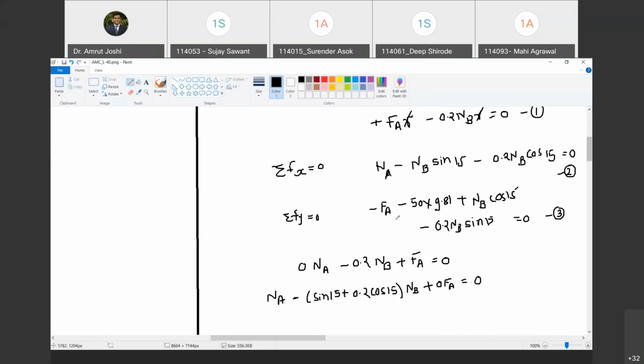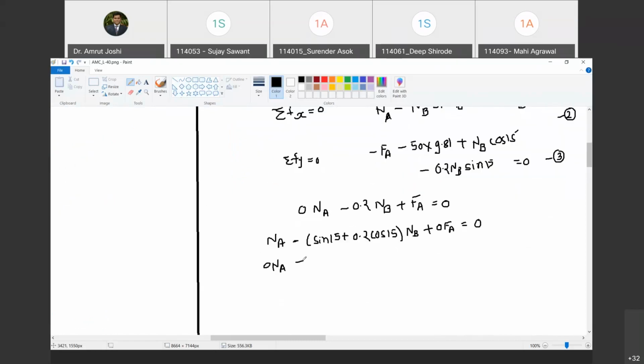And now what is the third equation? What is the coefficient of Na? Na is not there, so therefore it is 0 times Na, plus cos 15 minus 0.2 sin 15 times NB is equal to 50 into 9.81, minus Fa.